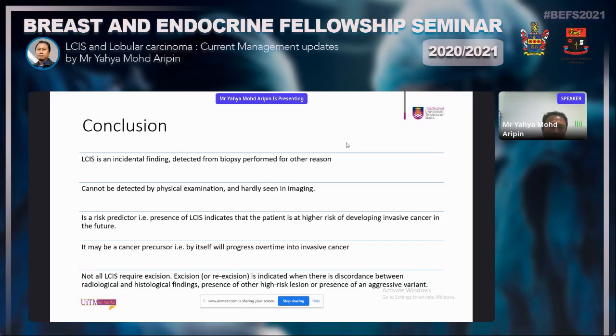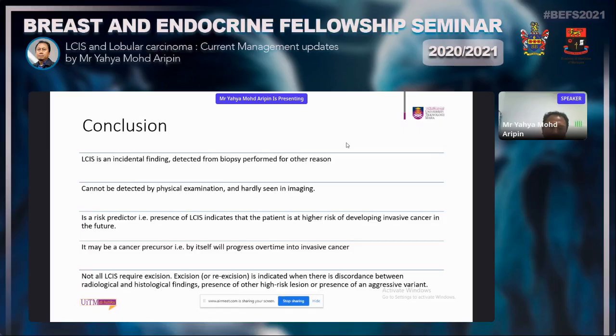Okay, in conclusion, LCIS is an incidental finding detected from biopsy performed for other reasons. It cannot be detected by physical examination and is hardly seen in imaging. It's a risk predictor, meaning that presence of LCIS indicates that the patient is at higher risk of developing cancer in the future.